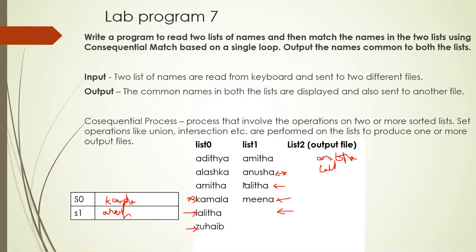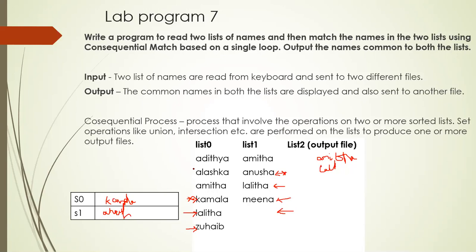So the comparison is done as follows: read the first line of characters from both files, compare the names, whichever is lesser. If it is the same, that is a match. If a particular name is lesser, increment that to the next line, that is, read the name of the next line.